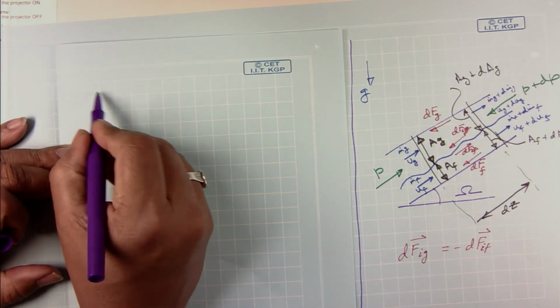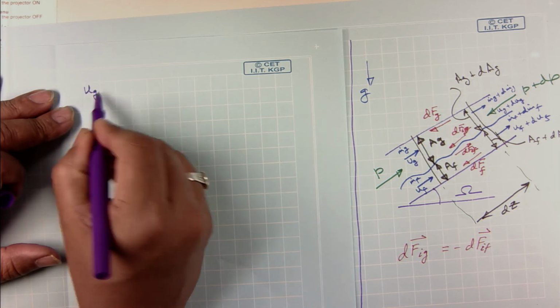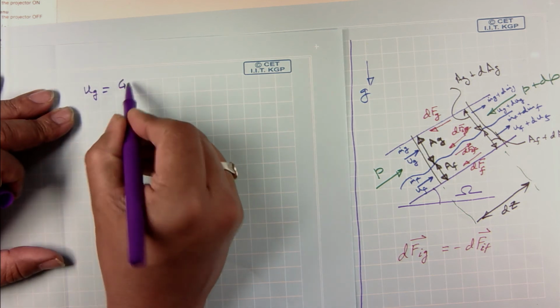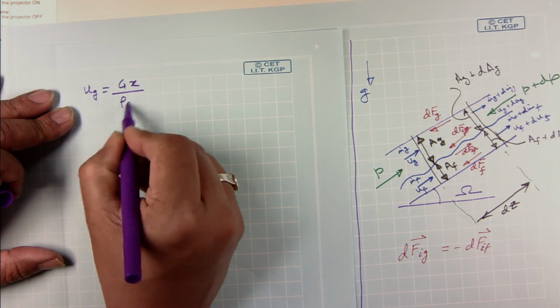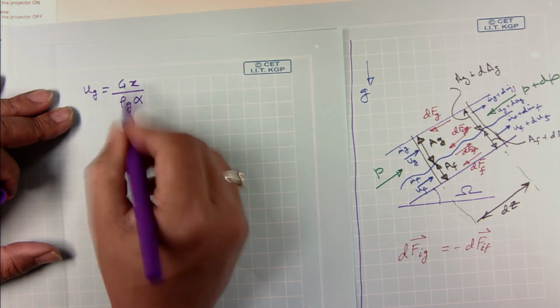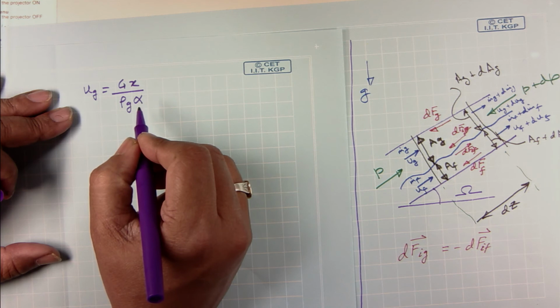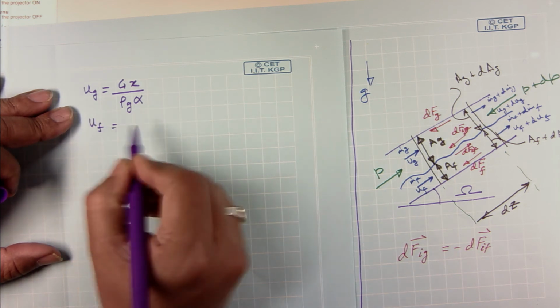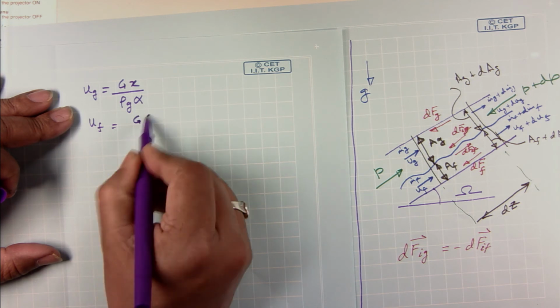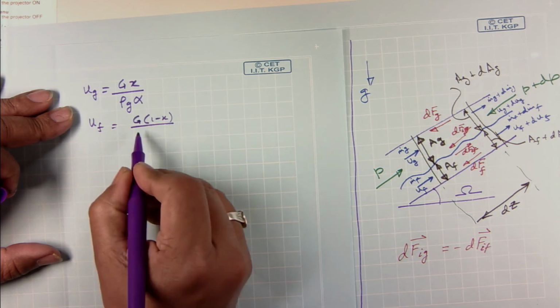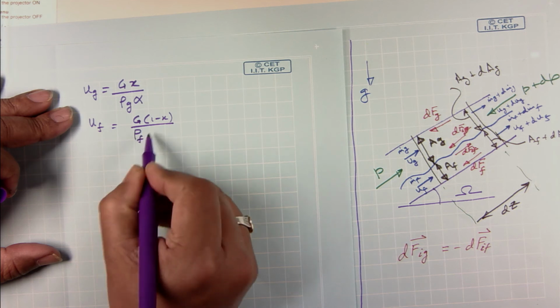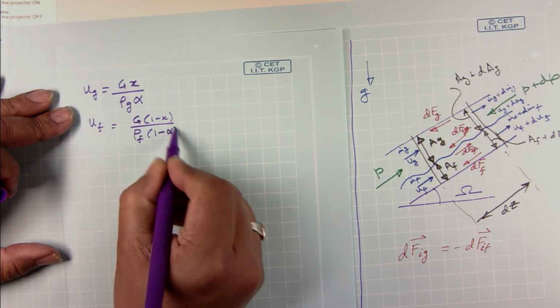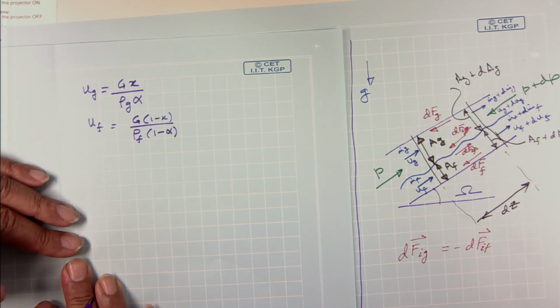So, from my mass balance I will get u_g, that is G x divided by rho_g alpha, alpha is the void fraction, is not it, and similarly I will get a velocity of the liquid phase which will be the mass flux divided by the density divided by the fraction of the area in which my liquid is flowing. Do you all agree with me? Does this equation make sense?